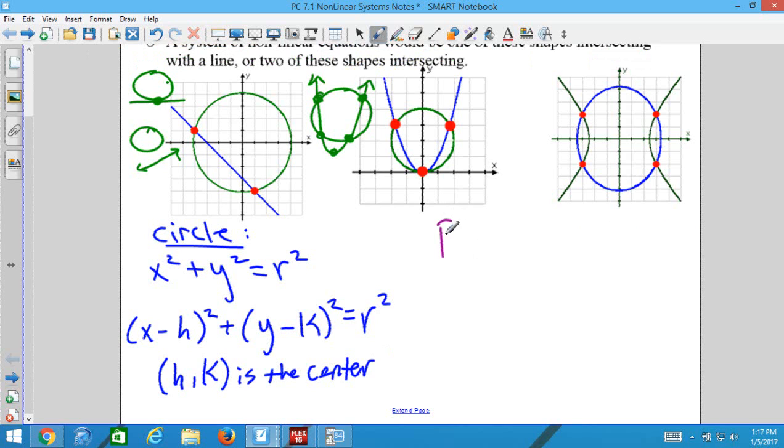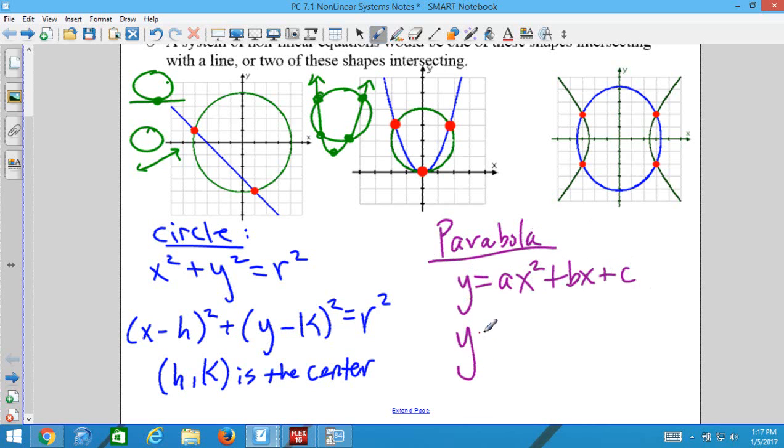Parabolas, remember, just a quick review: quadratic, y equals ax squared plus bx plus c, or you could have it in vertex form, a parenthesis x minus h squared plus k, and hk would be the vertex.